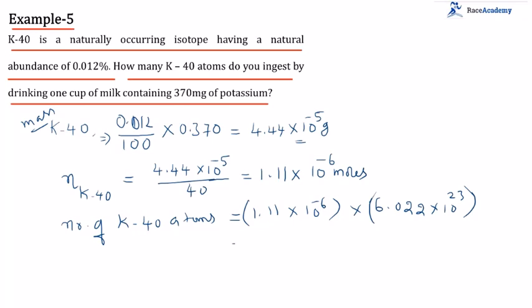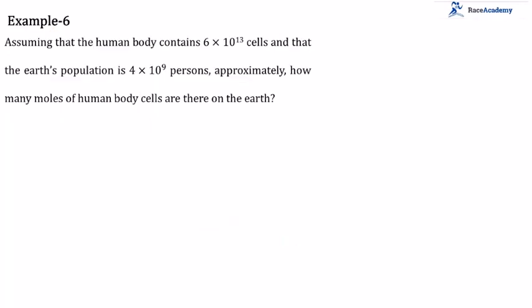So upon simplification we will get 0.684 into 10 power 17 as the number of K40 atoms. This is the number of potassium 40 atoms in the 370 milligrams of milk. Okay, let us move to the next question.